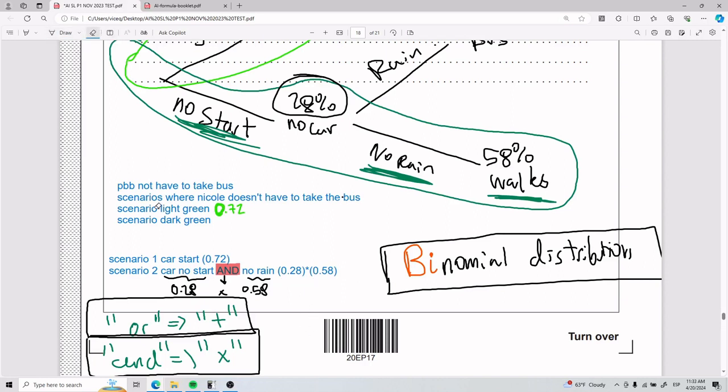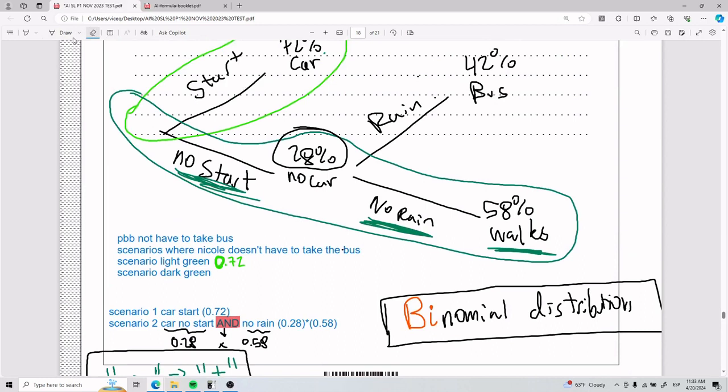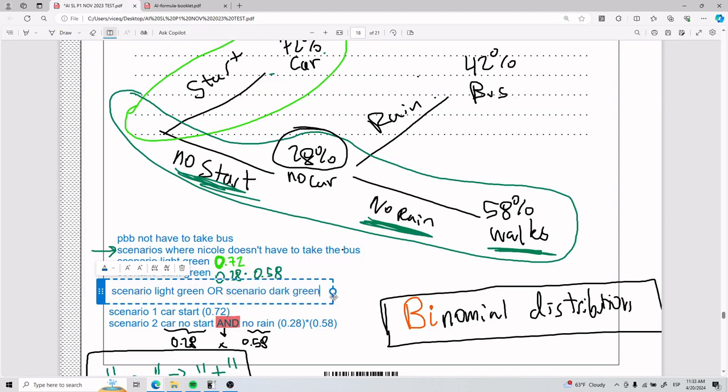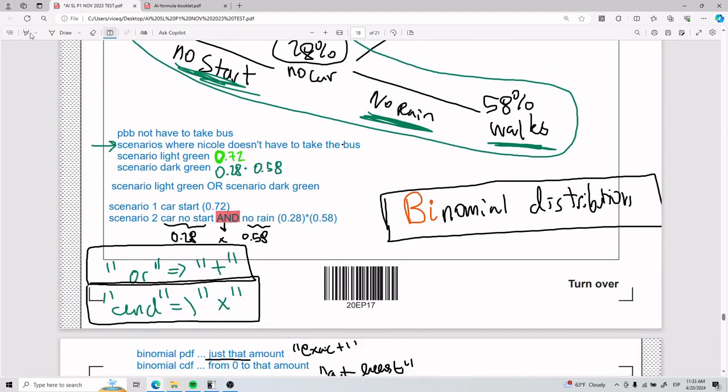And last but not least, the scenarios where Nicole doesn't have to take the bus is what we have in light green, and we have what we have in dark green, so 0.28 times 0.58. But now, the probability of not having to take the bus are the scenarios where Nicole doesn't have to take the bus. And the scenarios where Nicole doesn't have to take the bus is scenario light green or scenario dark green. Oh wow, will you look at that? So now we put in an or, and what was or? Or was add.